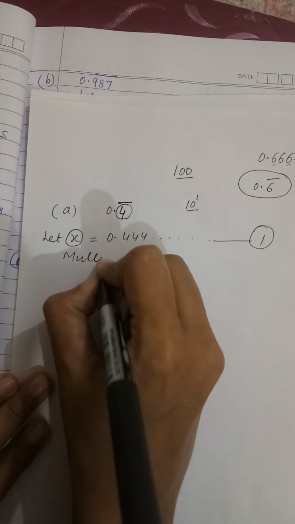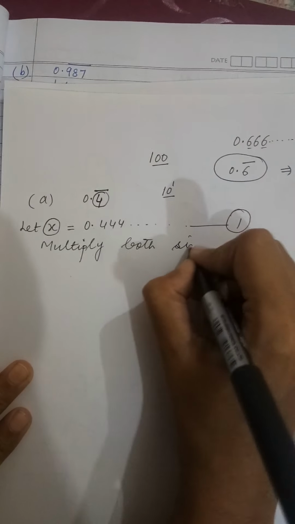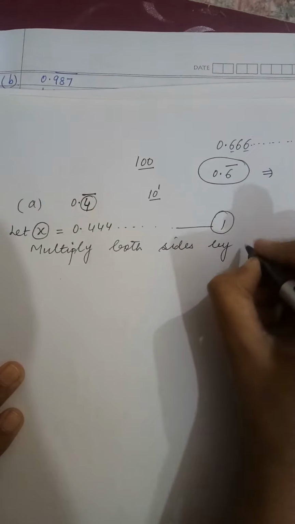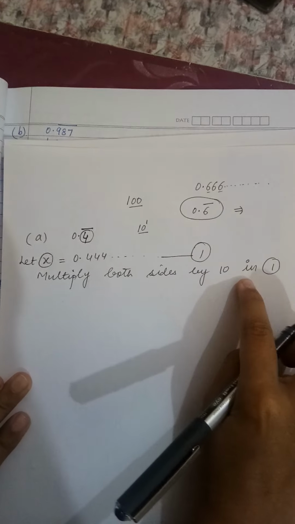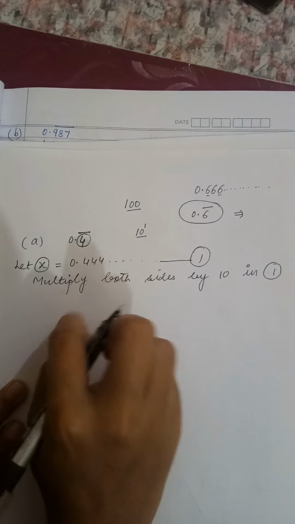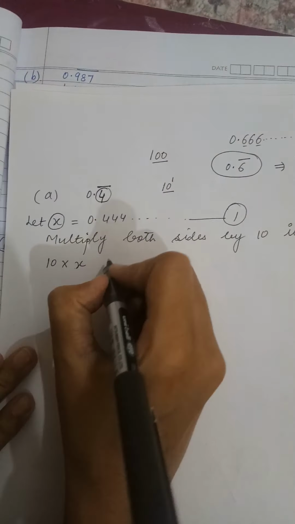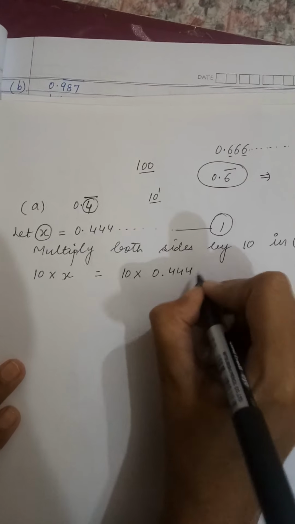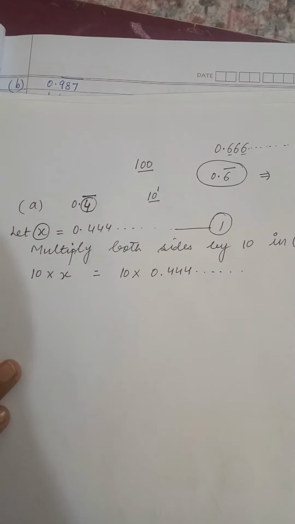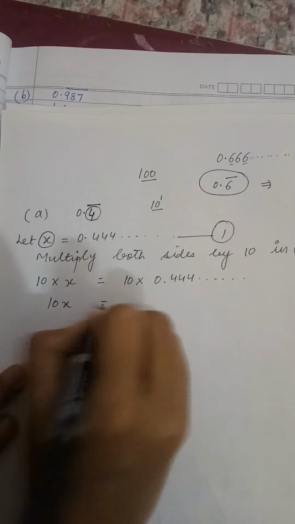So multiply both sides by 10 in 1. How am I going to multiply? 10 times x equals 10 times 0.444 and so on, like this. Okay, now what is 10 into x? 10x.